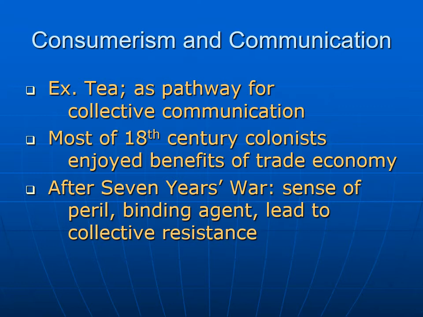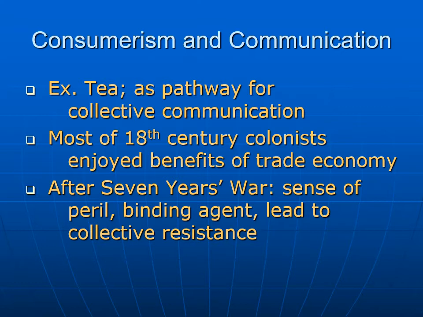Couple that with what we've already said now about the proclamation line of 1763 after the 7 Years' War, and you're starting to see these forces that are binding together the colonists in a common experience, whether it's a common experience of consumerism or a common experience of having their land-owning aspirations threatened by the proclamation line of 1763.